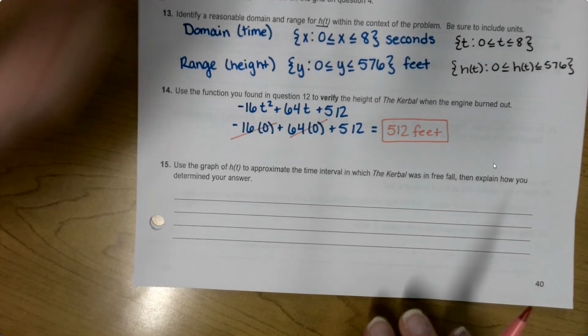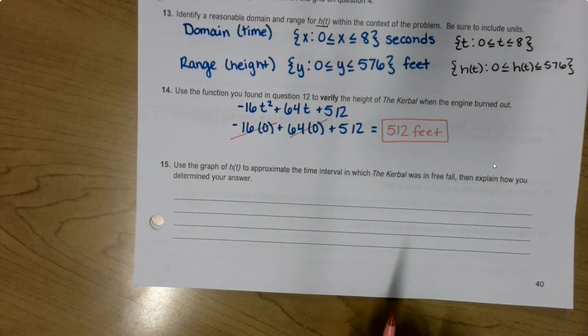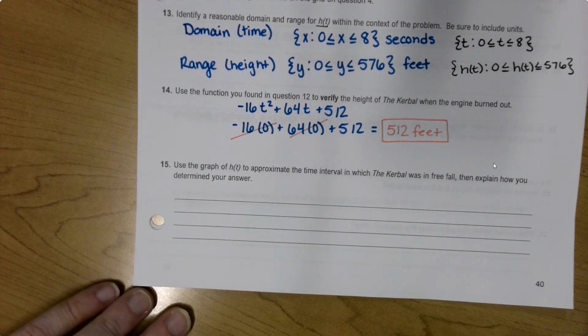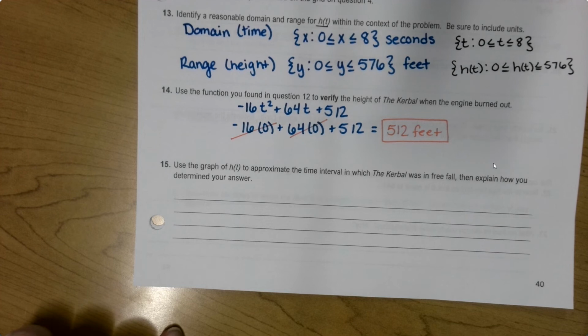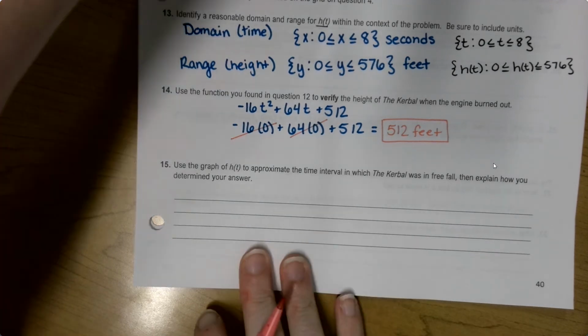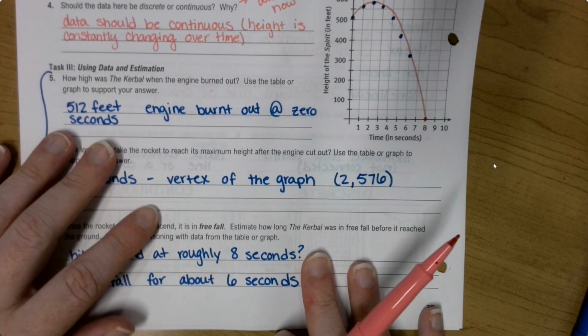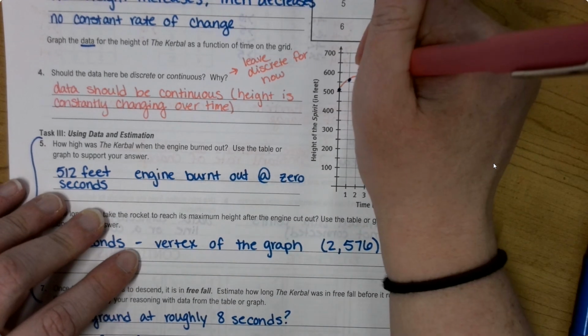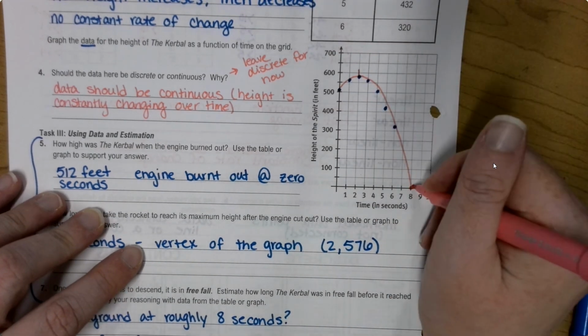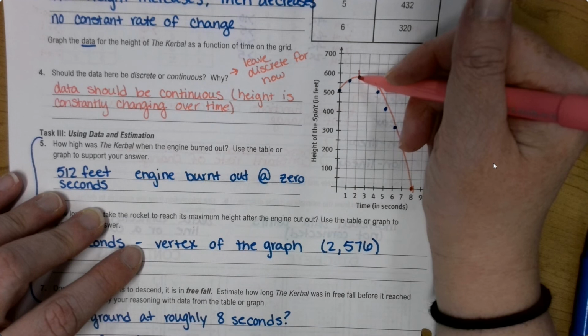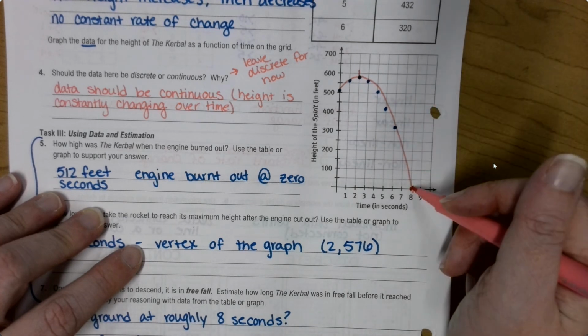All right, 15. We're going to use the graph to approximate the time interval in which the Kerbal was in free fall and then explain how we determined your answer. So if we go back to the graph, we hit our maximum here. We hit the ground here. So we were in free fall from 2 seconds to 8 seconds.